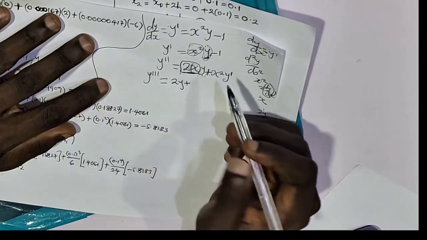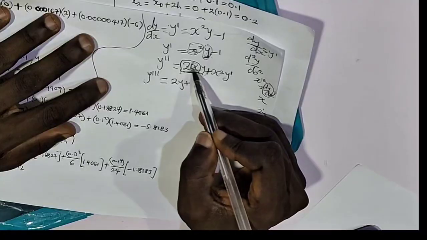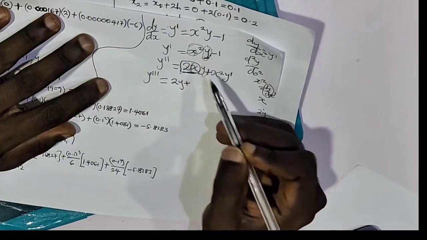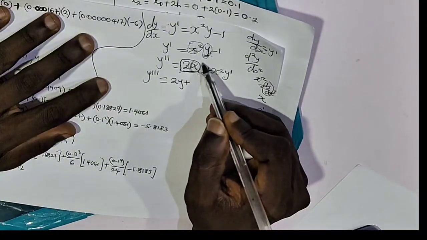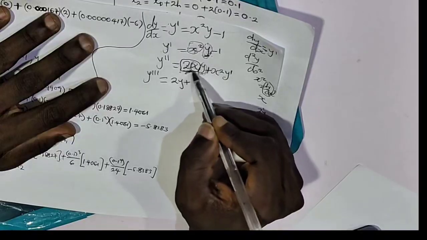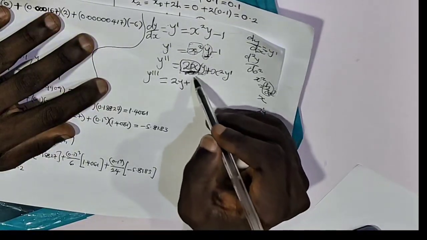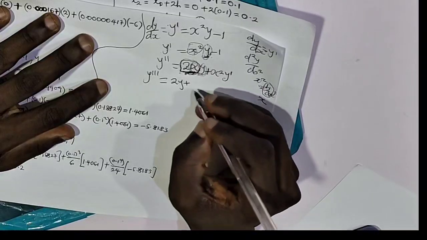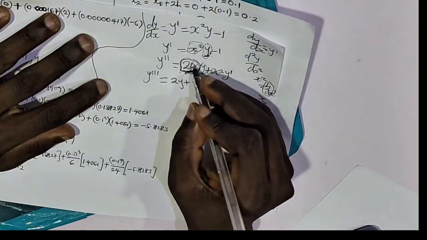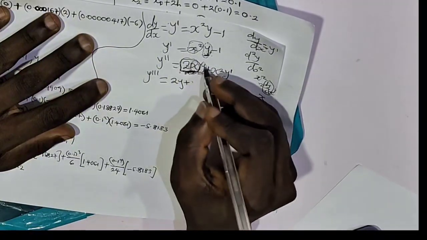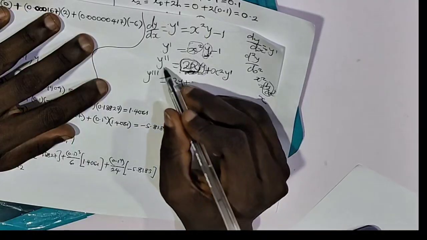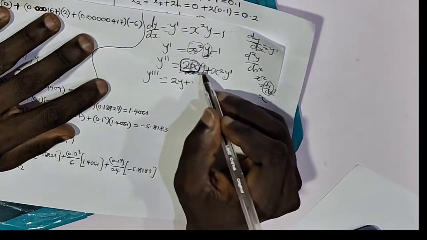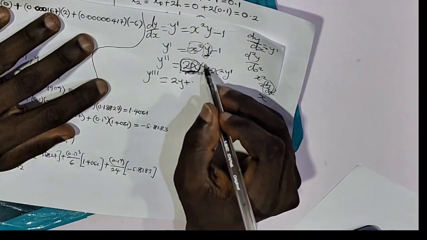Now, plus, this time around, I'm differentiating with respect to y, keeping this 2x as constant, because whatever I have here, I will multiply with 2x. So if I differentiate y with respect to y, we have just ordinary y here.